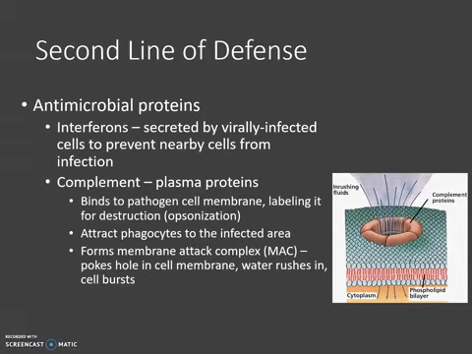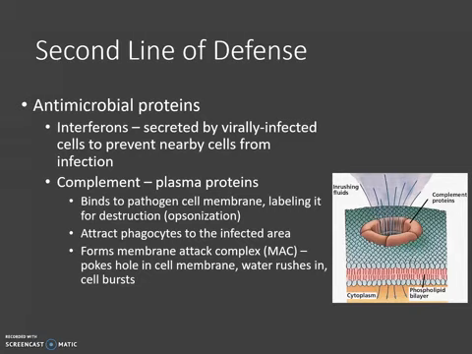So it's kind of like the infected cell is already doomed, but it sends out the signal telling the cells surrounding it to save themselves. And it prevents the virus from being able to infect the other cells that have the interferons attached to them.